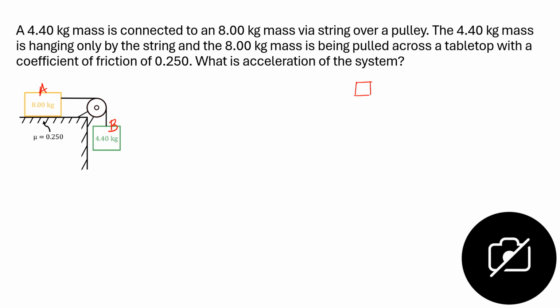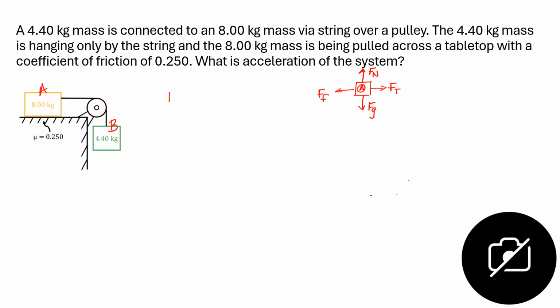So immediately we've got the force of tension pulling it to the right, and we've got the force of friction pulling it the other way. We've got gravity going straight down, and we've got the normal force going straight up. This is object A.